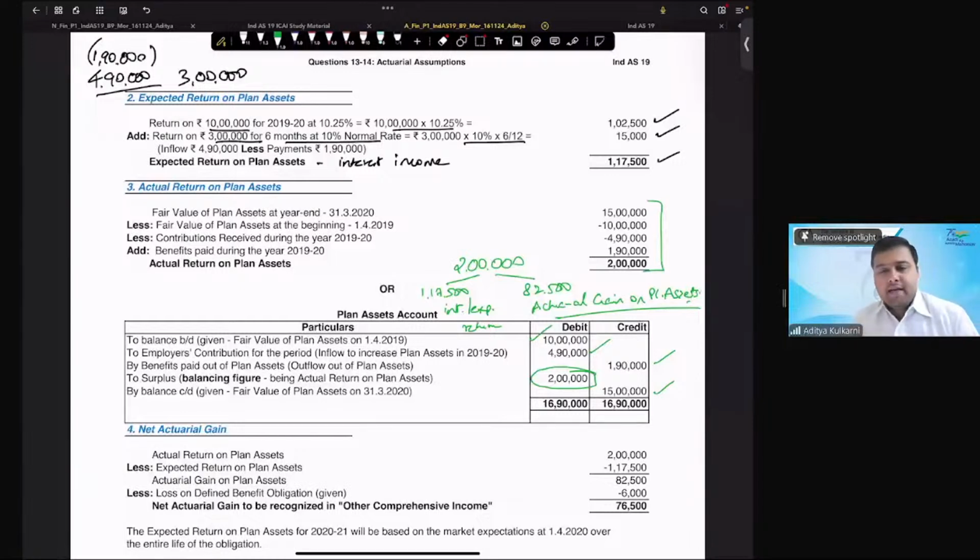Are we able to understand? Yes. So this becomes 2 lakh minus 1,17,500, and 82,500 is your actuarial gain.